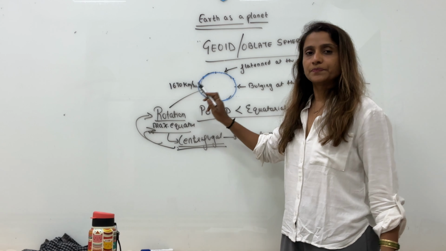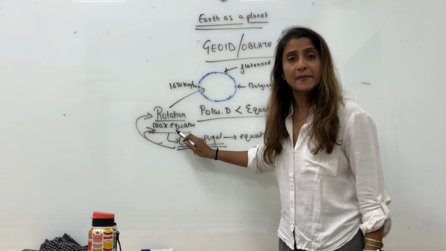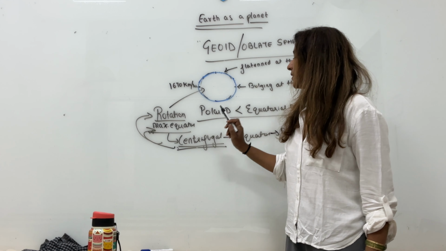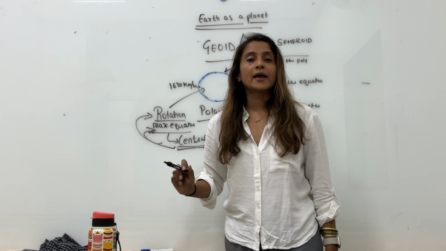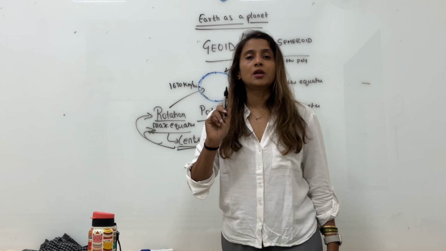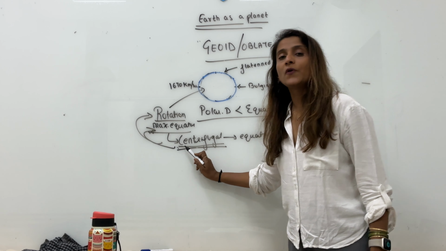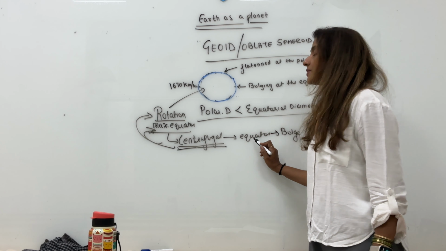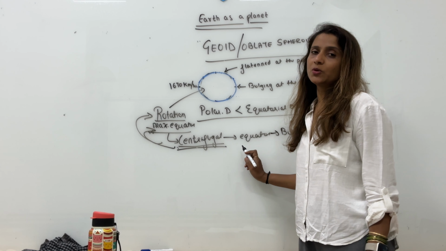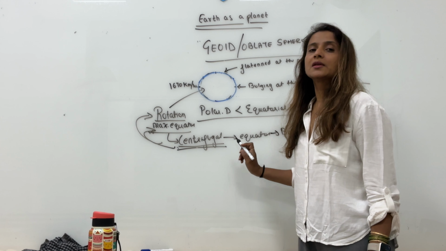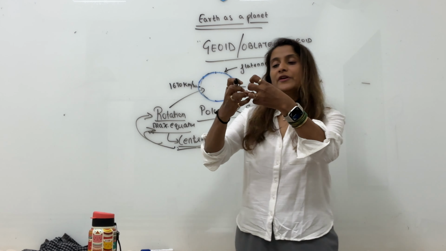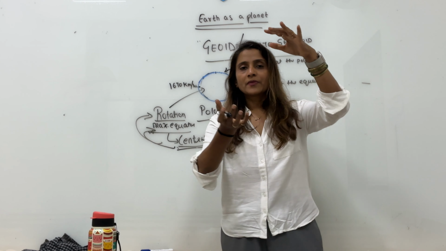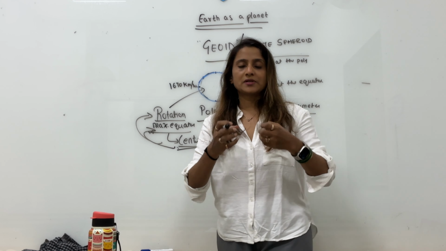Rotation of the earth, speed is maximum at the equator, that leads to formation of a force at the equator called centrifugal force. This force creates a bulge at the equator, because of which the equator gets bulged out and causes flattening of the poles.